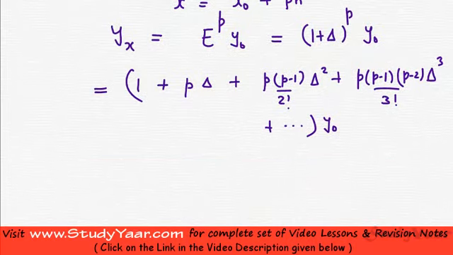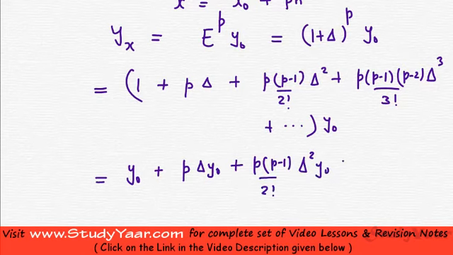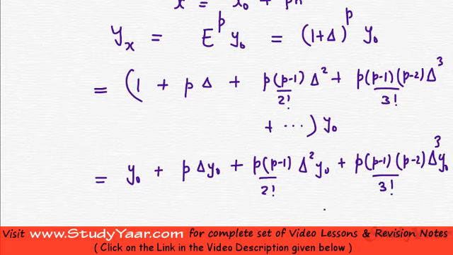When you take it inside and operate, what you get is y0 plus p delta y0 plus p into p minus 1 by 2 factorial delta square y0 plus p into p minus 1 into p minus 2 upon 3 factorial delta cube y0, and so on.